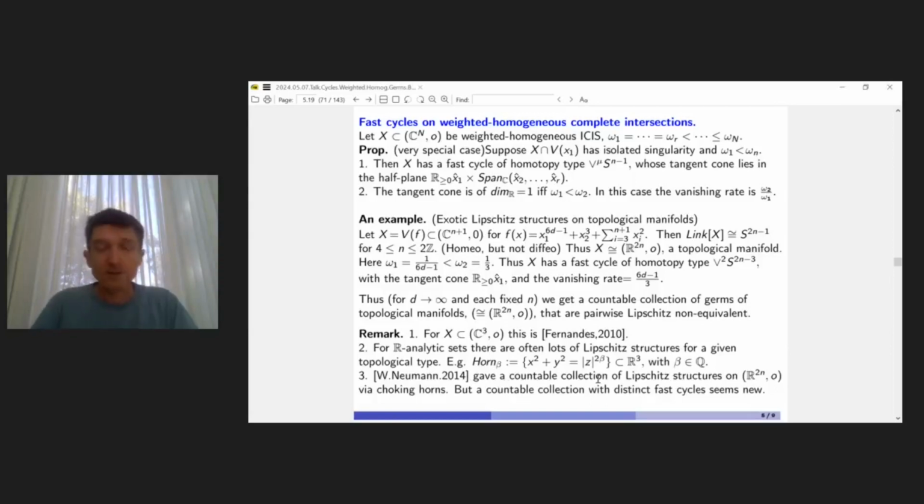Okay. One more remark about this paper is that in this paper there are no fast cycles in the way you defined them before, because then the cycles were fast themselves, they were trivial. But if you wanted to trivialize them, you had to go quite far.